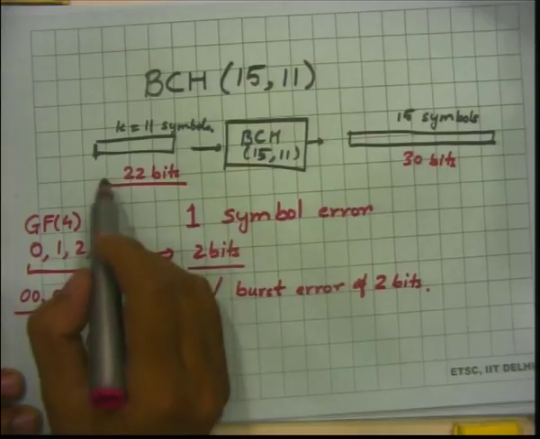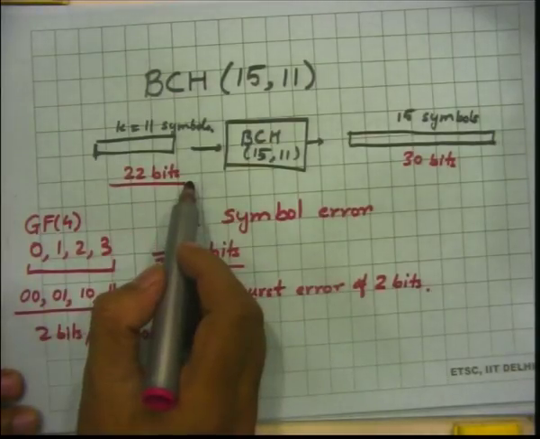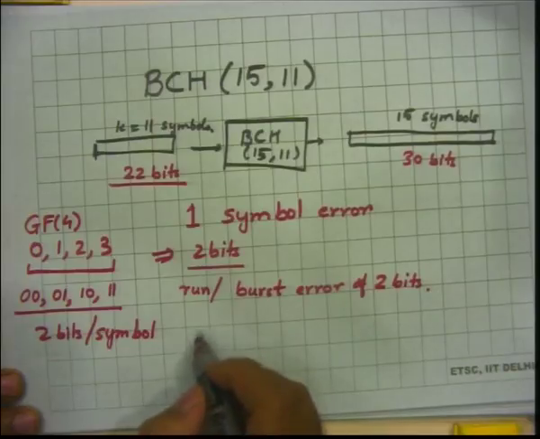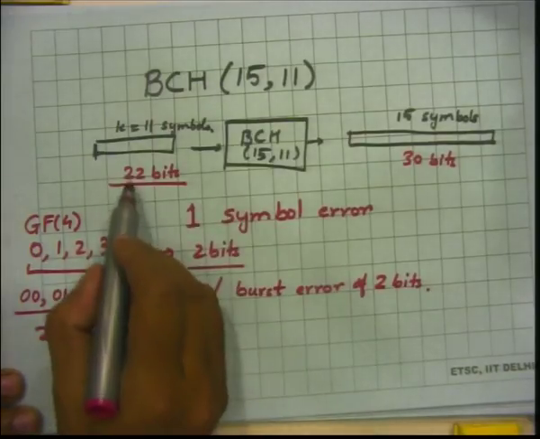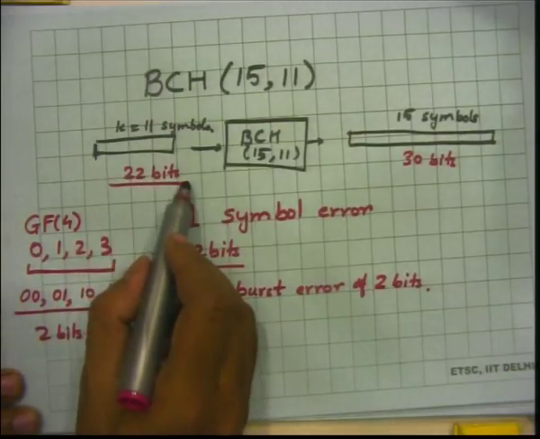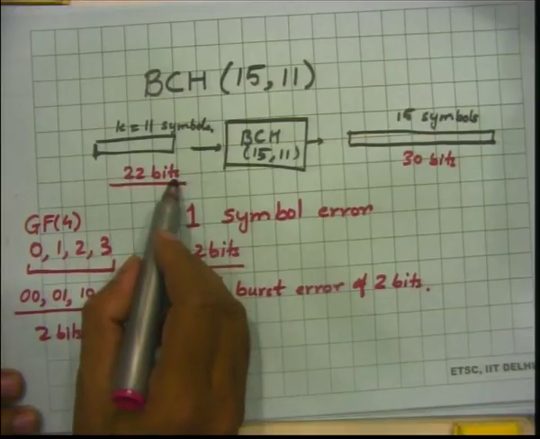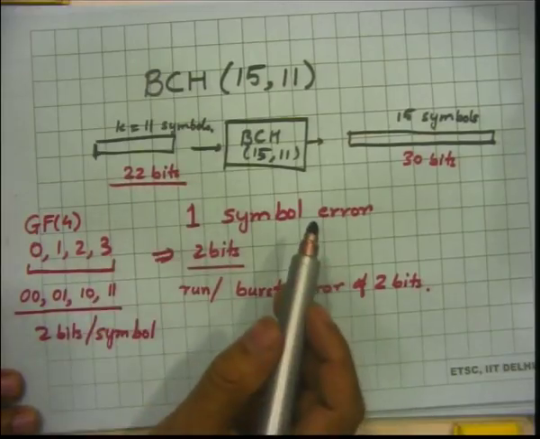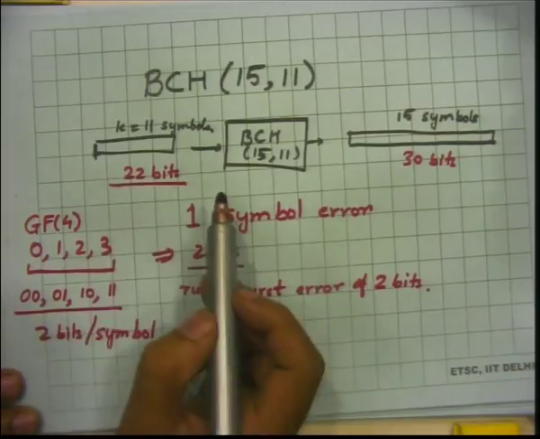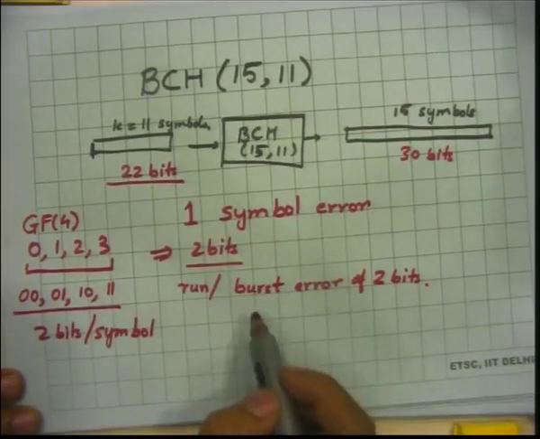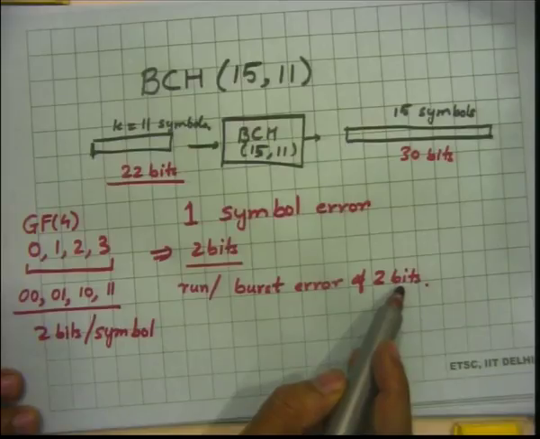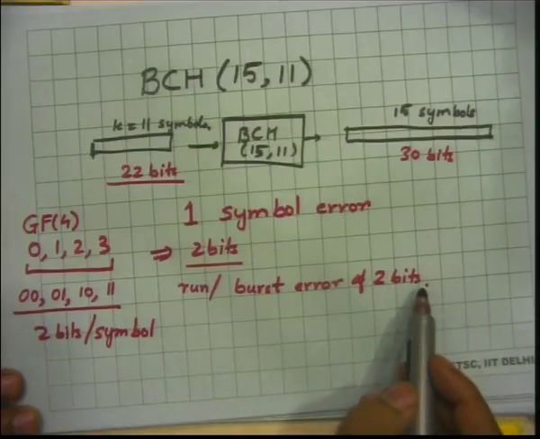because for me, if I am sending 22 bits and each of the 2 consecutive bits are paired together to form one symbol, then I am sending 11 symbols. If one of the symbols is wrong, I mean 2 bits can be wrong, then we can always correct 2 bits, but they can be consecutive 2 bits, they do not have to be random 2 bits.